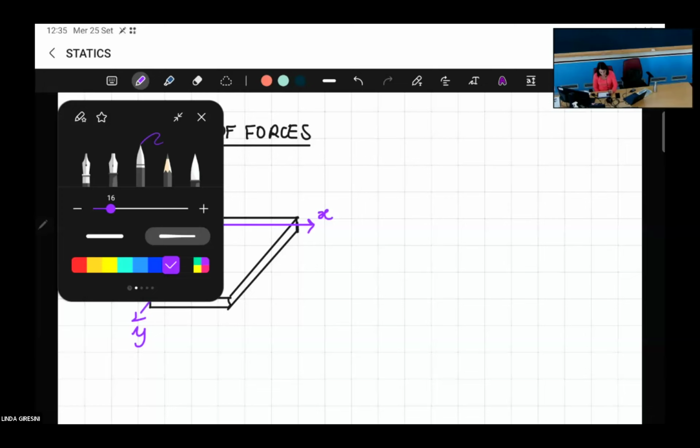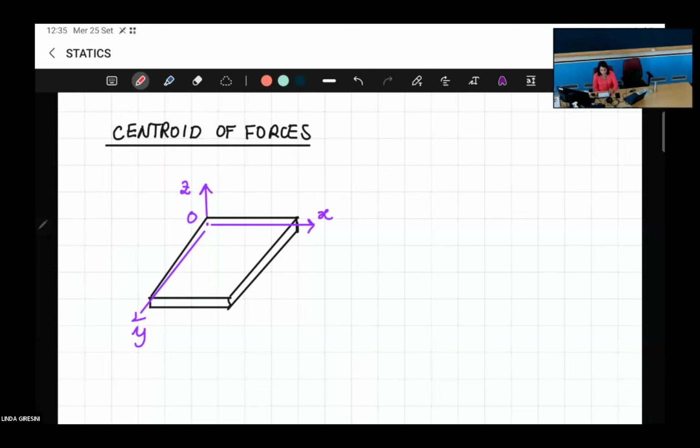So let's assume that we have different forces acting on this plate in vertical direction. So they are all vertical forces. They are called G1, G2, G3, and so on, Gi up to Gn.